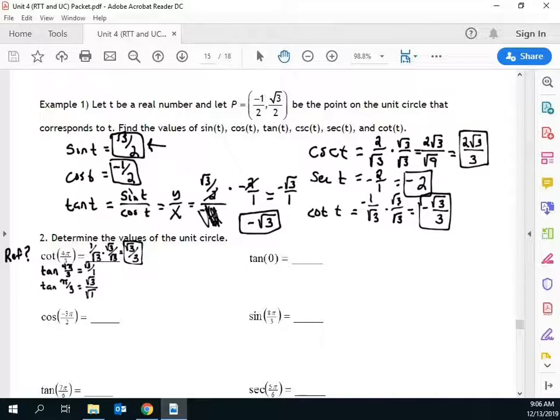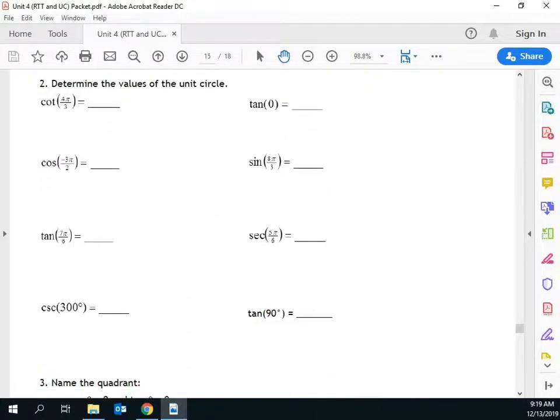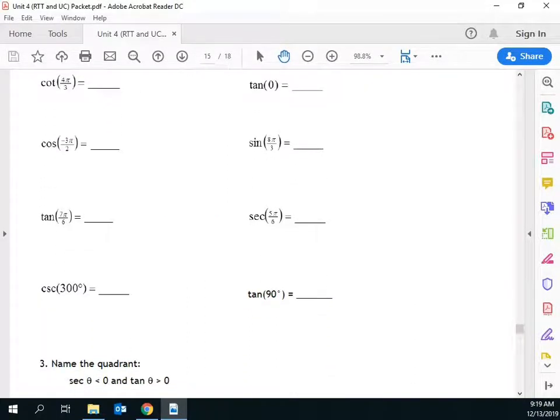Great. I'm going to have to scroll up. So, again, find its inverse. The inverse of secant is cosine.